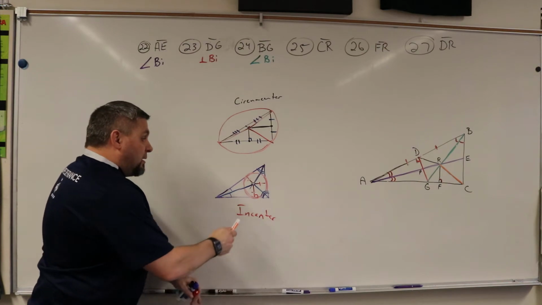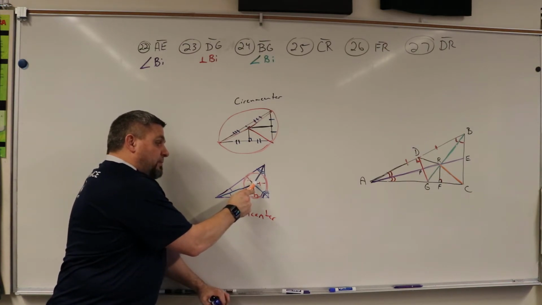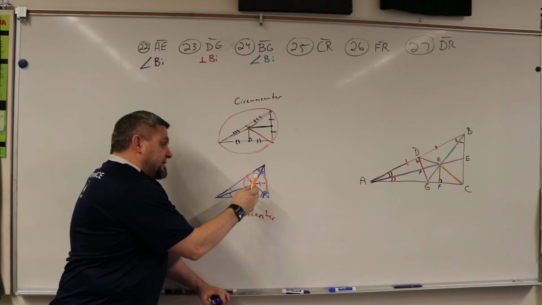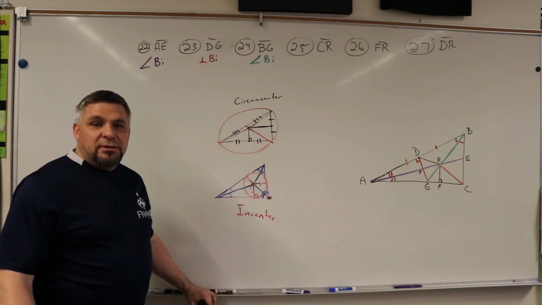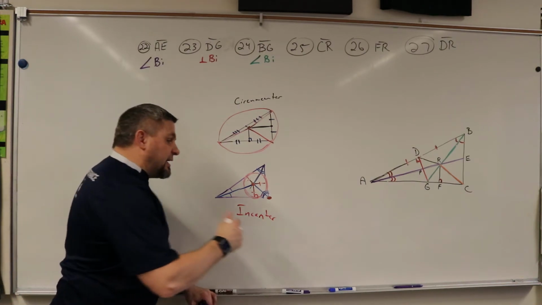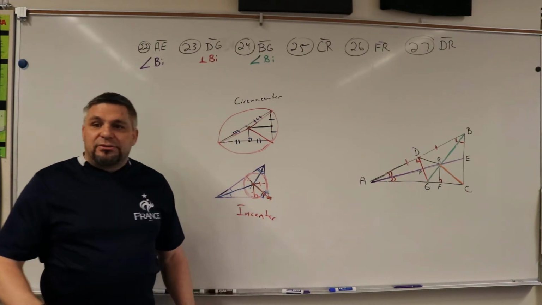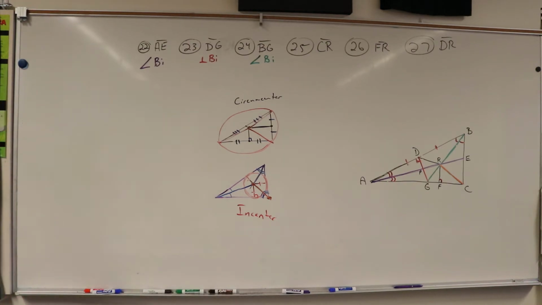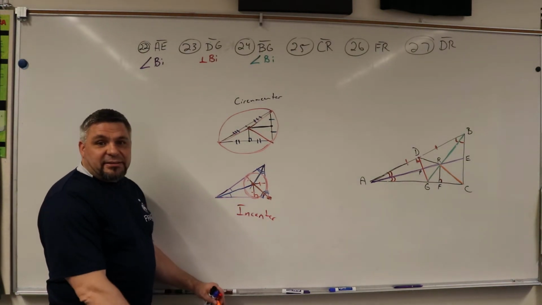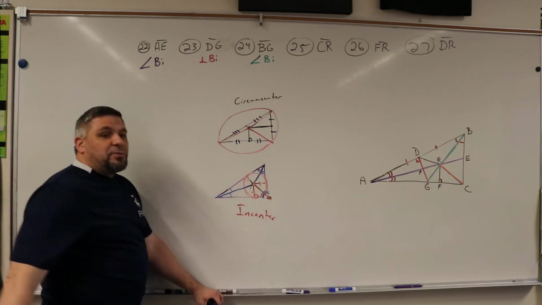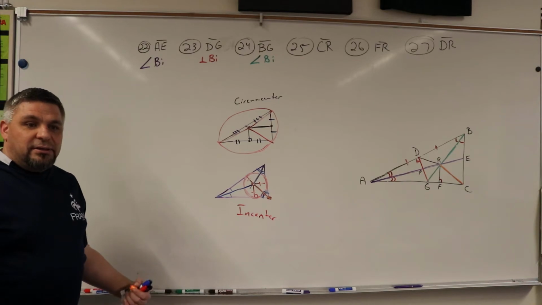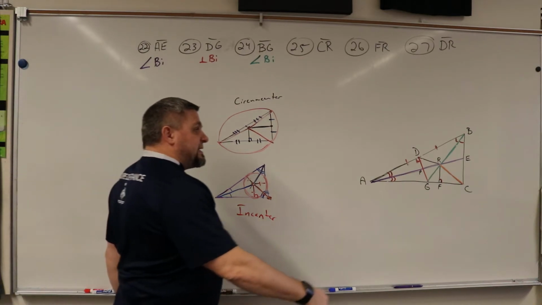That means the line segment that connects this incenter to this other point has to cut this in half. So it has to be what we call an angle bisector. It's the third angle bisector. If these two intersect right here, then that means this angle bisector will also intersect right there. So that line has to be an angle bisector.